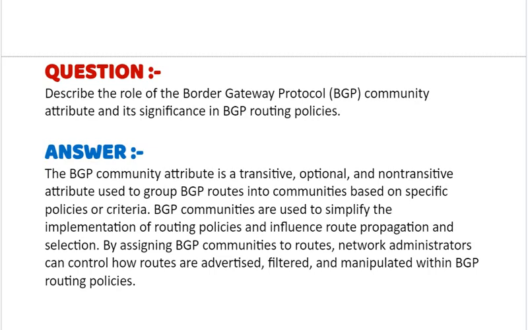BGP communities are used to simplify the implementation of routing policies and influence route propagation and selection. By assigning BGP communities to routes, network administrators can control how routes are advertised, filtered, and manipulated within BGP routing policies.